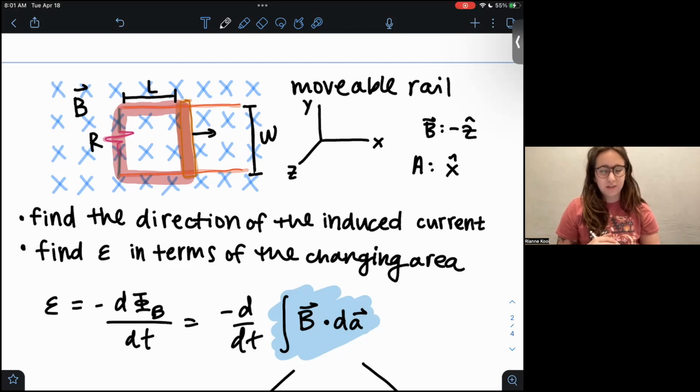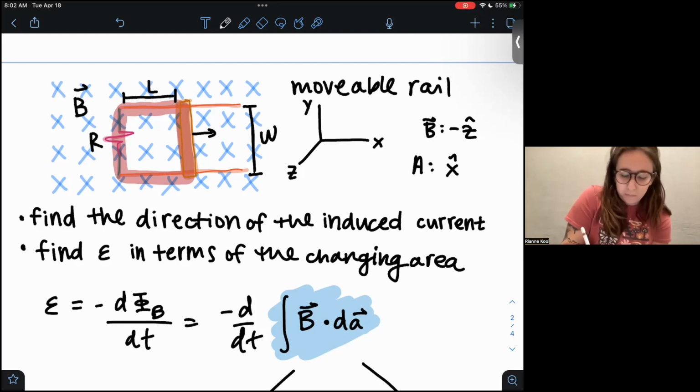Since our flux is becoming larger, it's going to want to make it become smaller. It wants to oppose that. So since our area would be becoming larger, it will want to become smaller. So our induced current will be going counterclockwise.